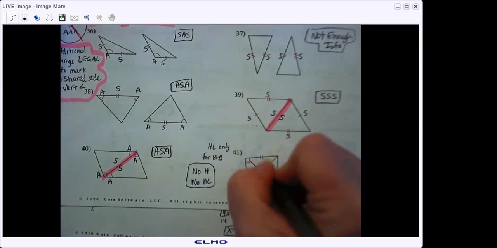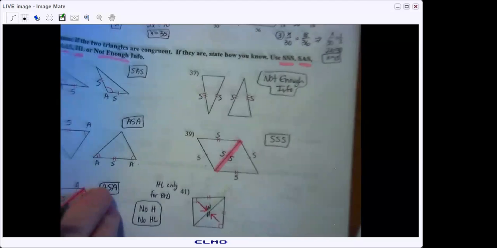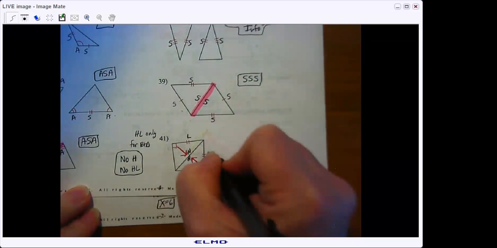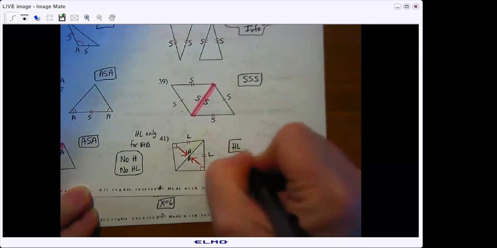So your shared side is actually an H, not just an S, but an H. And then if you have a right triangle, then you have a hypotenuse and you have legs. So yes, it is an HL. So you have probably a good 75% chance of getting it right. If on a right triangle, you'll put HL.